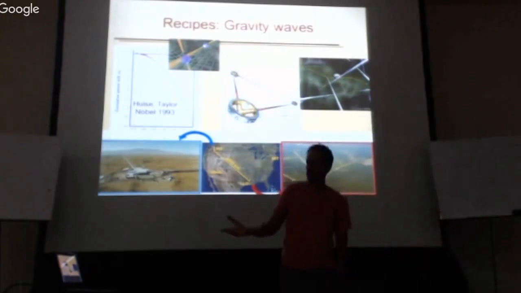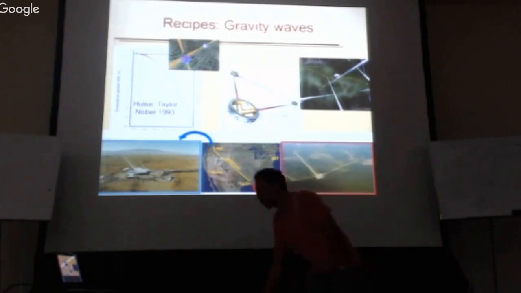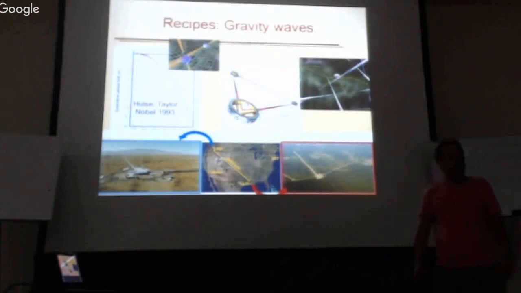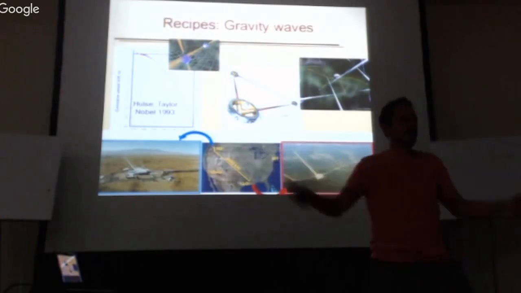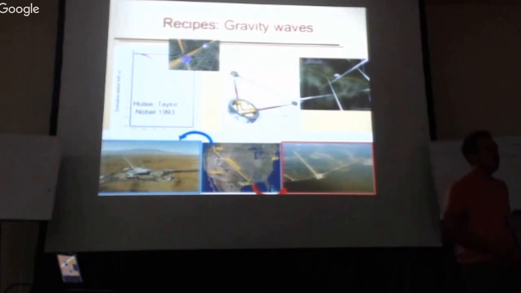Well, the problem, as I told you, is that the amplitudes of these waves are very small. We'll see in a second how small. So, how can we measure distances so precisely? One idea was with solid pieces of something. Those were the early detectors, but they didn't have enough resolution.